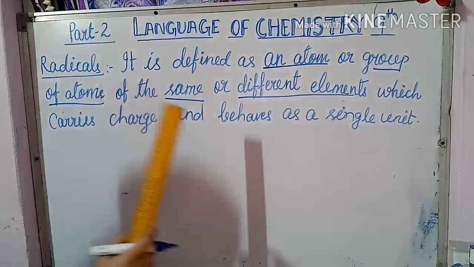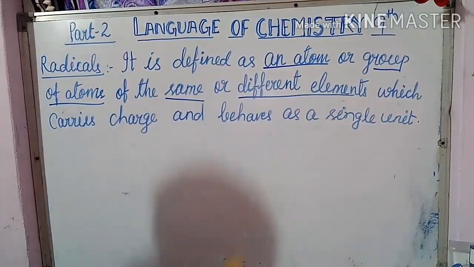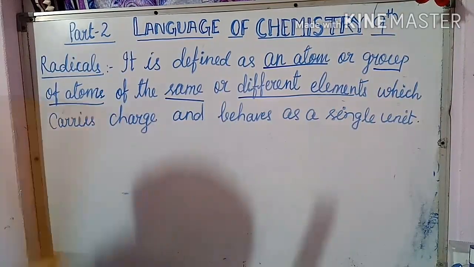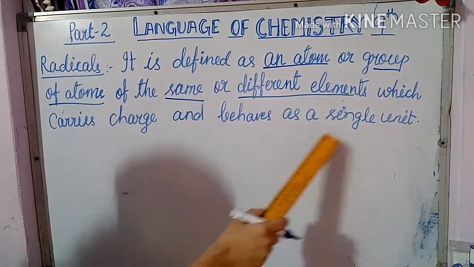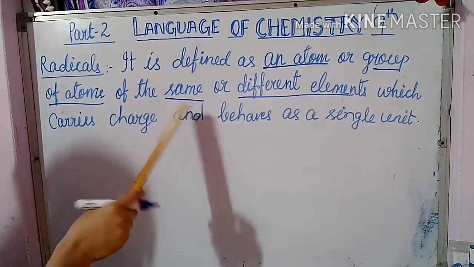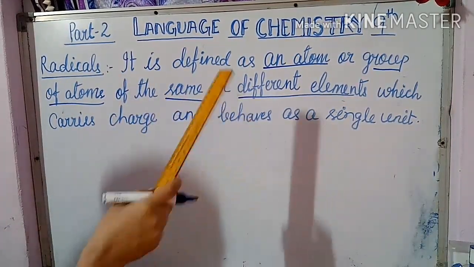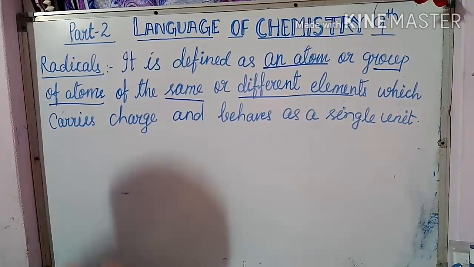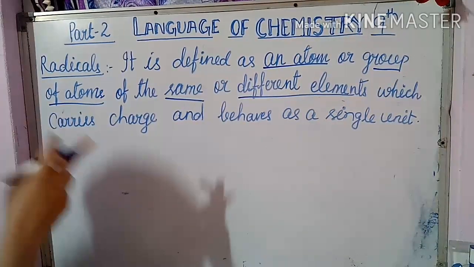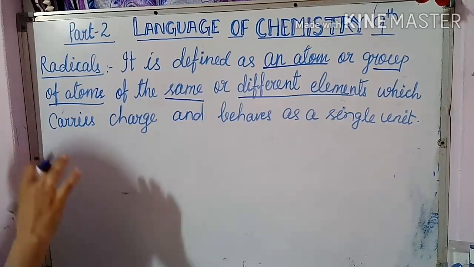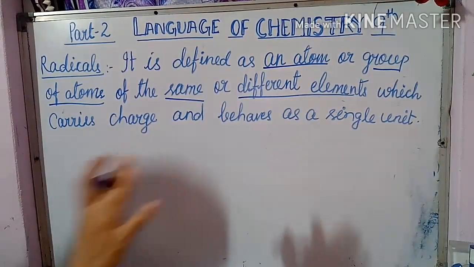But what is the specification here? They will definitely carry a charge and behave as a single unit. Whether the same atoms made the group or different atoms, maybe their natures are different from each other, but after making the group it carries a single charge, either positive or negative, and behaves as a single unit.